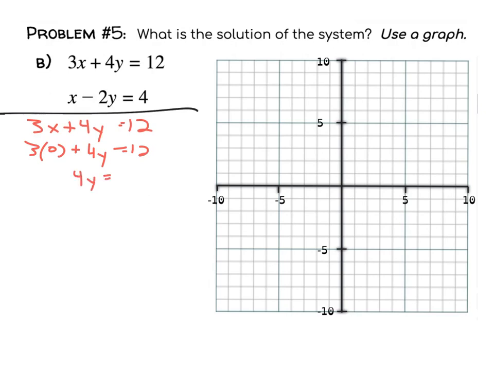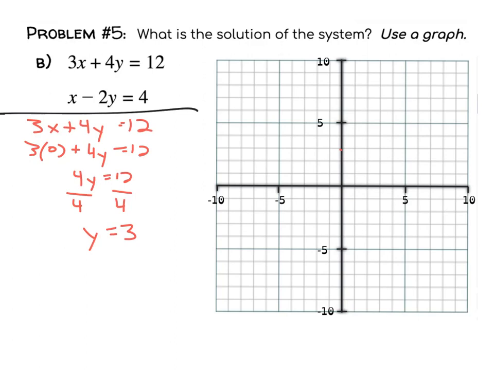That leaves you with just 4y equals 12, and when you divide both sides by 4, you get y equals 3. Nice. So you go to the y-axis and put a point at 3.